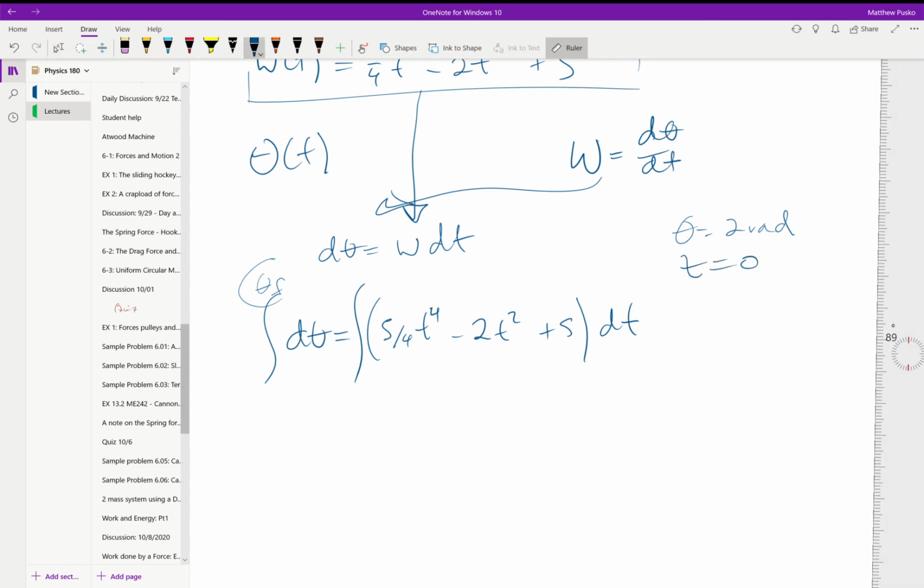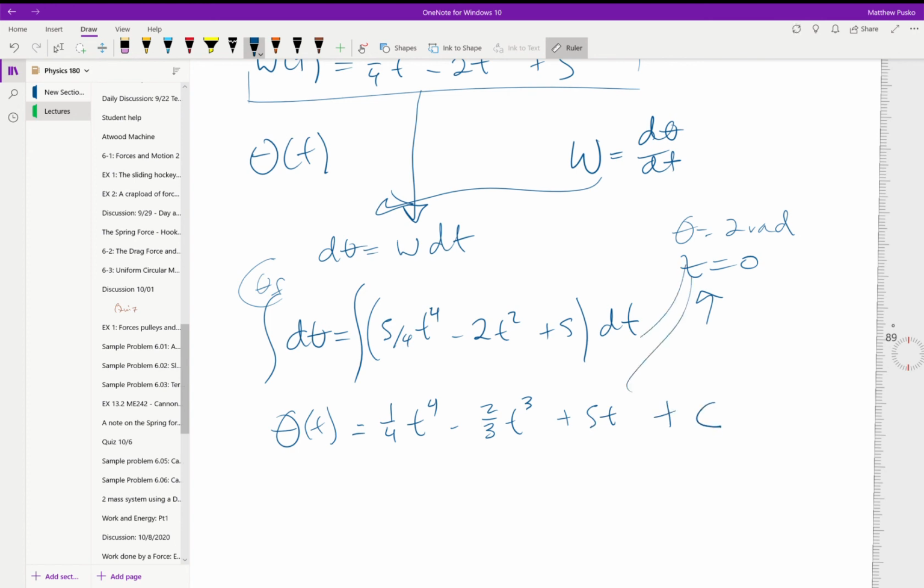Integrating first actually gives us theta as a function of time, and then we'll evaluate. We get 1/4 t to the 4th minus 2/3 t to the 3rd plus 5t plus that constant c.